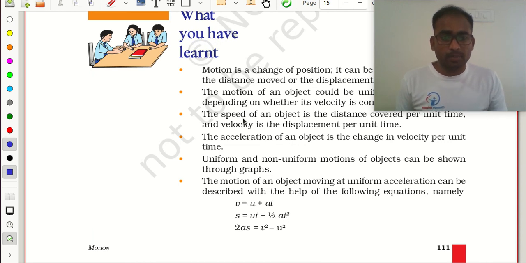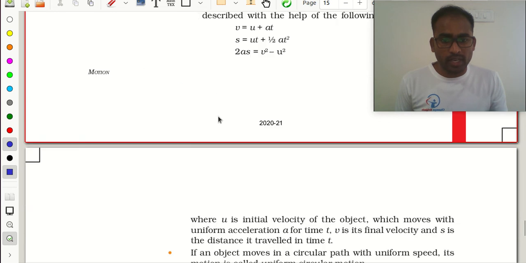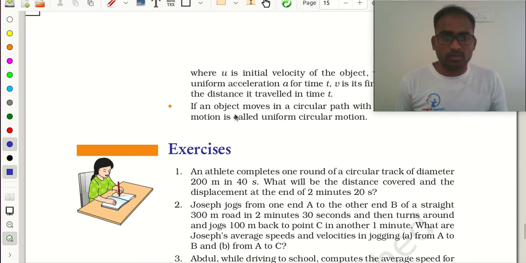We learned the graphical representation of motion: position and time, velocity and time, and we derived the equations also. So with this we completed our motion chapter. Thank you.